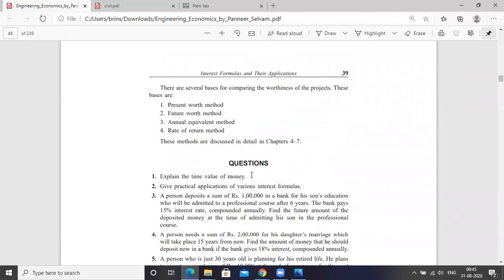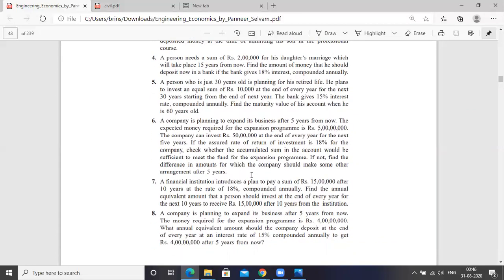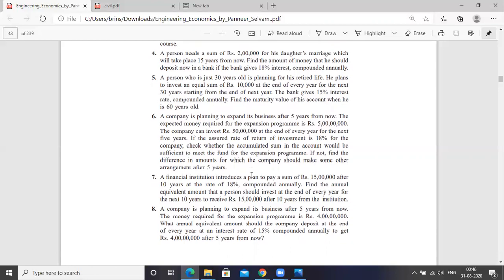Okay, moving on to the question bank. A financial institution introduces a plan to pay a sum of 15 lakhs after 10 years at the rate of 18 percent compounded annually.